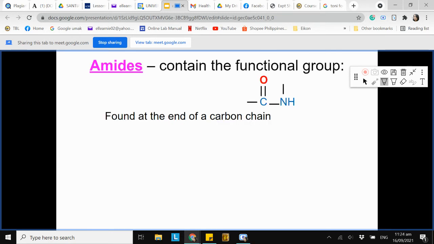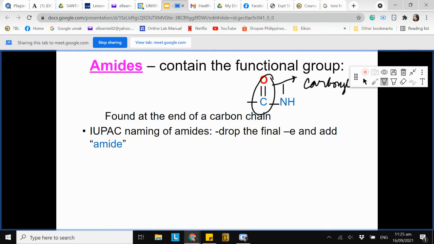Okay. Then amides are actually similar to amines. The only difference is that it has a carbonyl. So this is the carbonyl. Okay? The carbonyl is always beside the amine. So the name will end with amide.